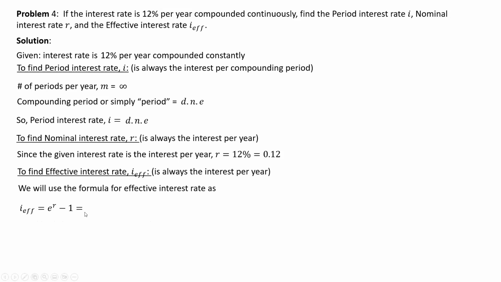So, you definitely need to know what r is if you're talking about this continuous compounding case. Only then you can find the effective interest rate. So e to the 0.12 minus 1, and that turns out to be 12.75%. Cool?